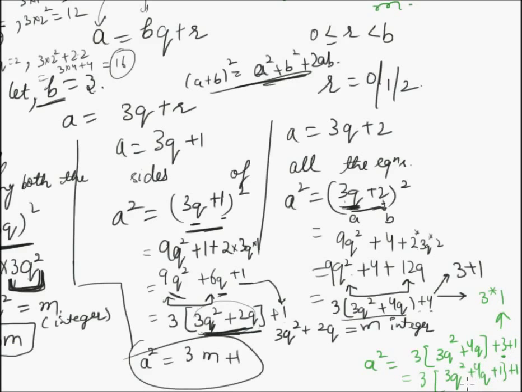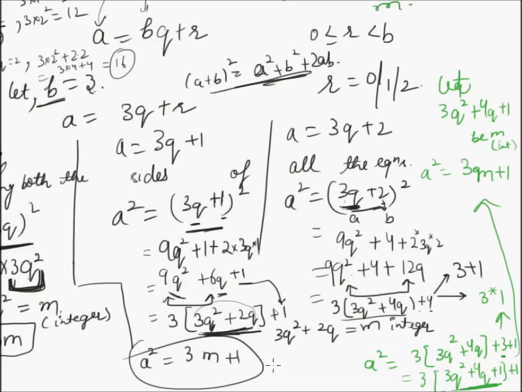Now for different values of q, again this value will be some integer. So let this integer be m. That is, let 3q square plus 4q plus 1 be some value m, which is an integer. So we will get a square is equal to 3m plus 1.